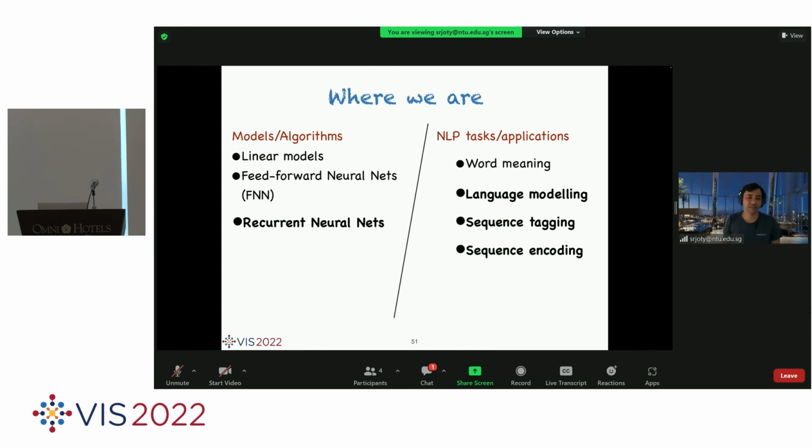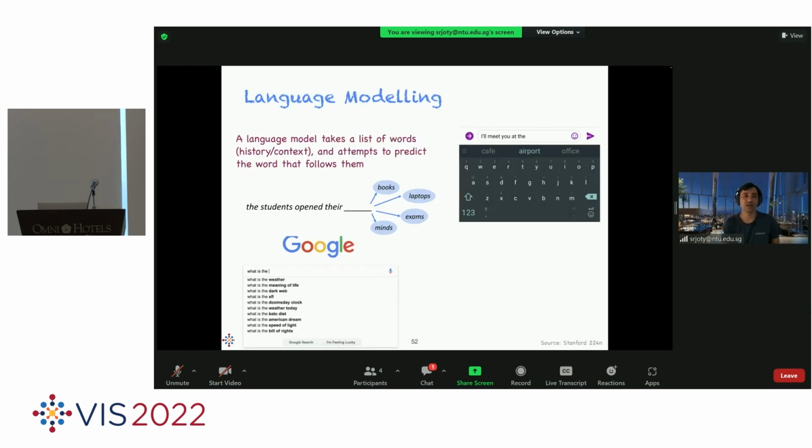We have also seen an application of this in learning word vectors. Now we will introduce a new model, recurrent neural networks, which used to be the workhorse for NLP researchers and applications. We will introduce recurrent neural networks with the task of language modeling.